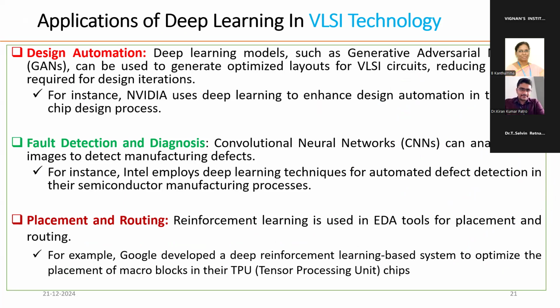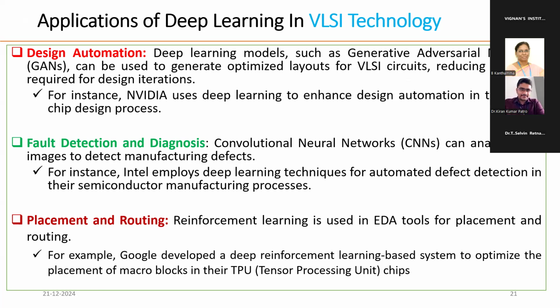The second is fault detection and diagnosis, where you can use convolutional neural networks. In placement and routing, you can use reinforcement learning. These are very new techniques. If you are interested in the VLSI side and have knowledge of deep learning, you can apply it in VLSI technology.